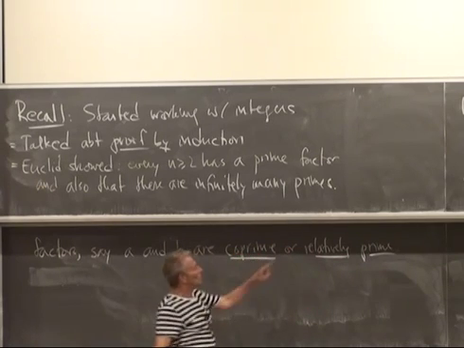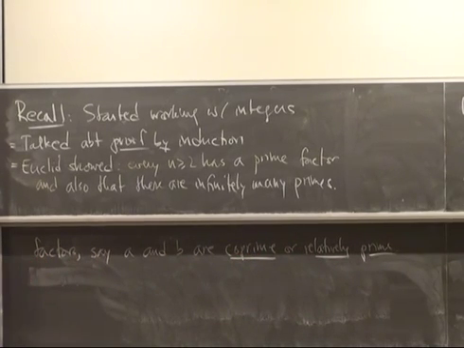So what the huge important useful fact says is that if a and b are natural numbers that are coprime, then there exist integers m and n such that ma plus nb equals 1.